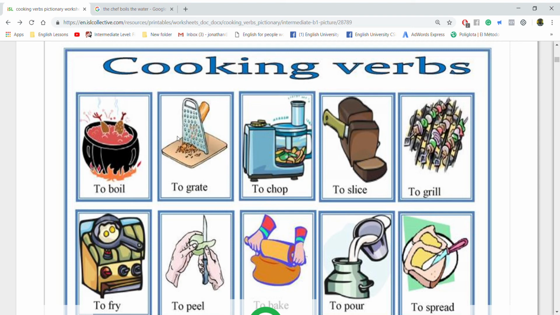To grate. Okay, Angel. So in your dictionary, please go and put "to grate" in your dictionary. And take a picture. Take a screenshot.